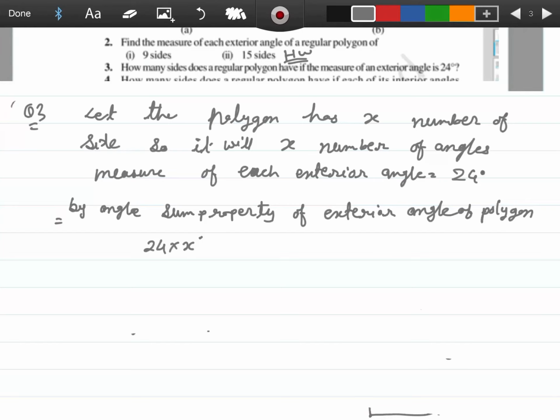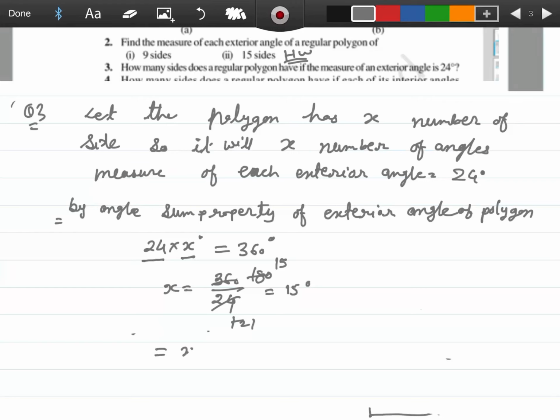24 into x, the sum of the angles. One of the angles is 24 and x number of angles are there. So the sum of the angles will be 24 into x, equal to 360 degrees. So x is equal to 360 divided by 24. Now 12 ones are 12, 6 in hand, 12 fives are 60.